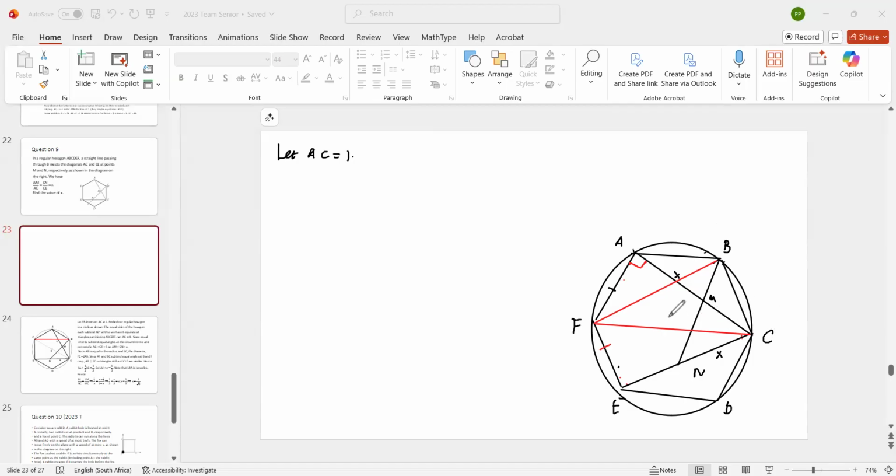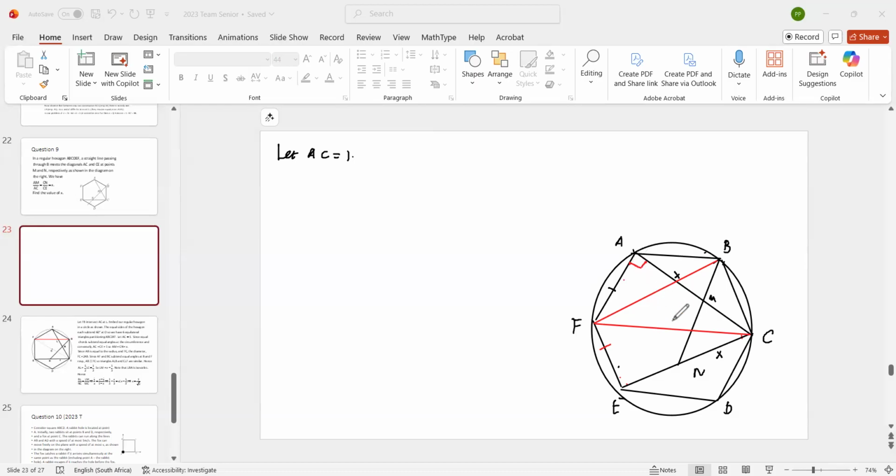Okay, now remember we said that this becomes the radius. So there's a certain ratio here. This AF is also the radius of the circle. In fact, all these sides outside are all radii of the circle, because right at the beginning, I told you you got all equilateral triangles.